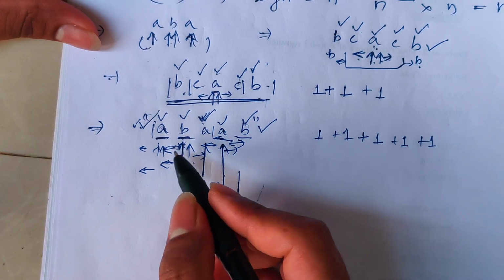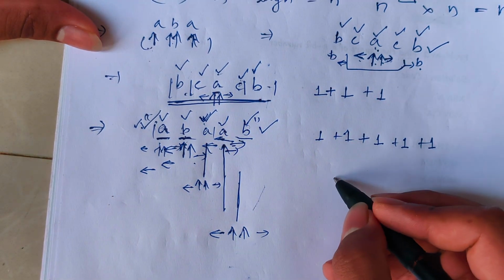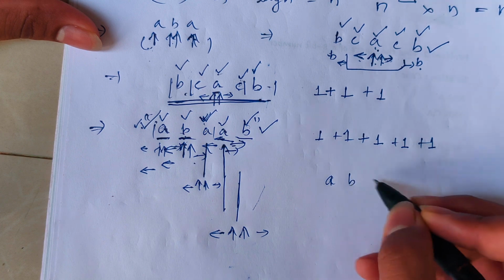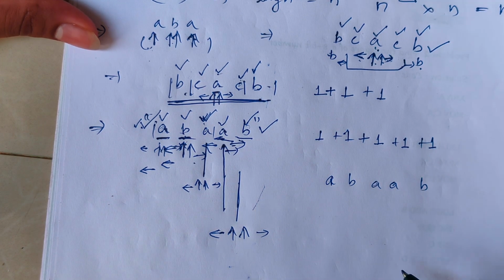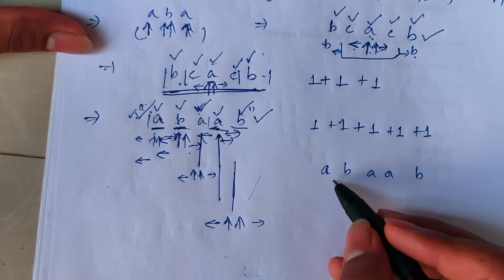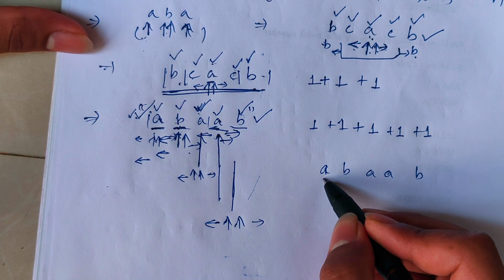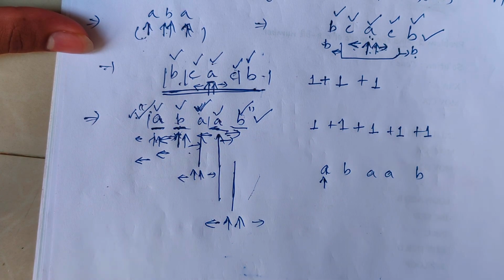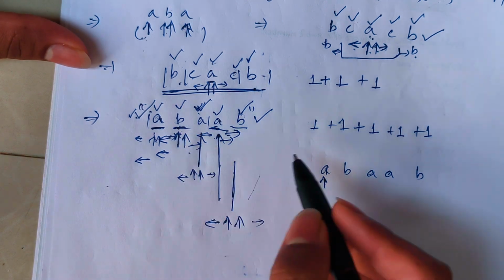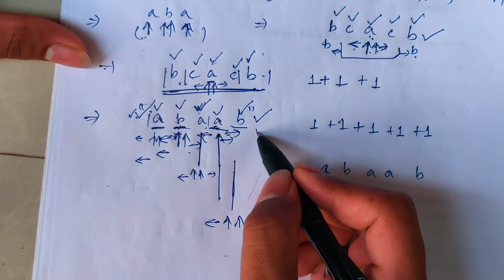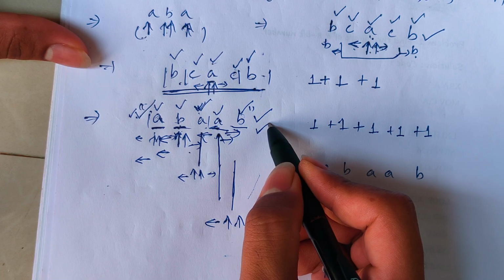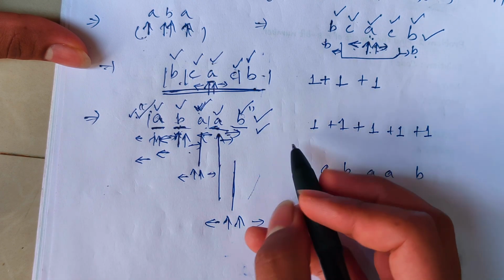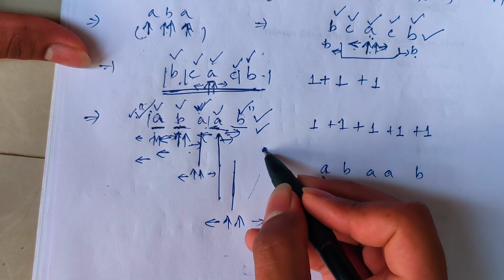So in this case we started with A, B, A, B. We started from the middle point whenever there is a single middle point, right? Now this was the case when the substring is of odd length, because the middle was a single element.